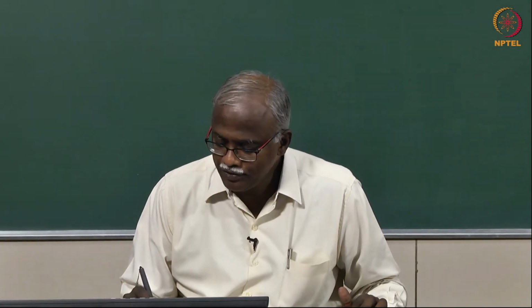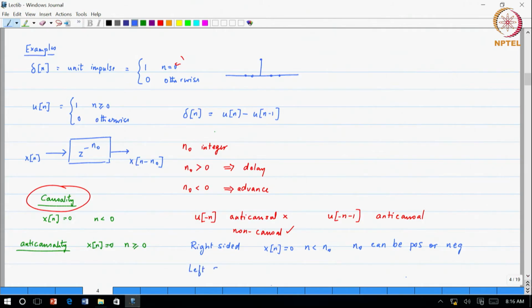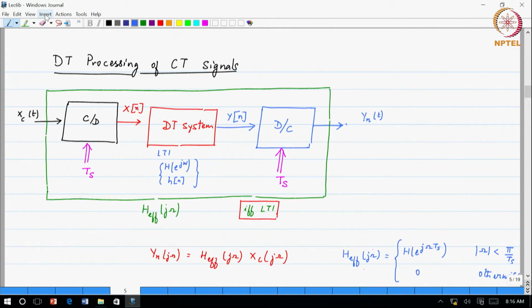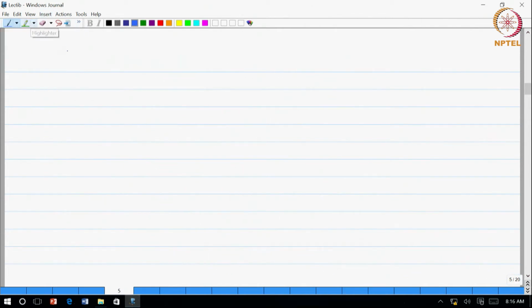A left-sided sequence would be something that is 0 for n greater than n naught. Again, n naught can be positive or negative. So, one example: if I have a complex exponential c a power n u of n, this would be causal, and right-sided.